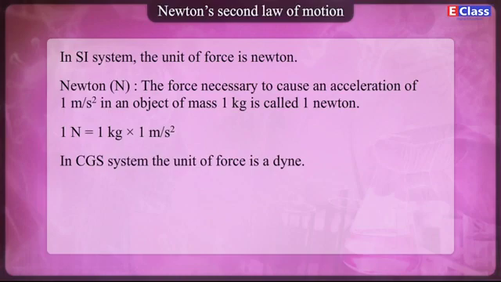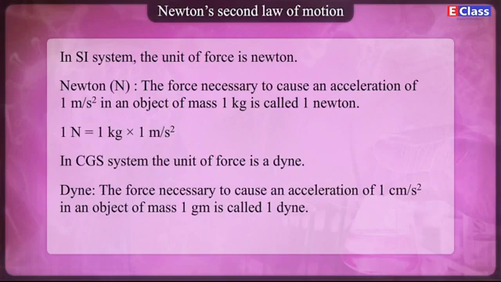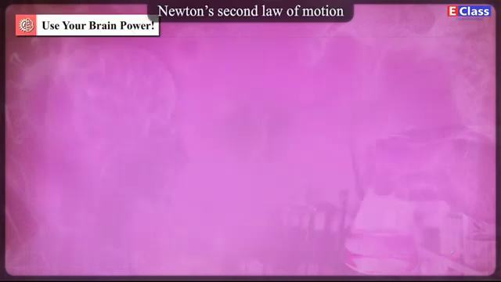In CGS system, the unit of force is a dyne. Dyne: the force necessary to cause an acceleration of 1 centimeter per second square in an object of mass 1 gram is called 1 dyne. 1 dyne is equal to 1 gram multiplied by 1 centimeter per second square.